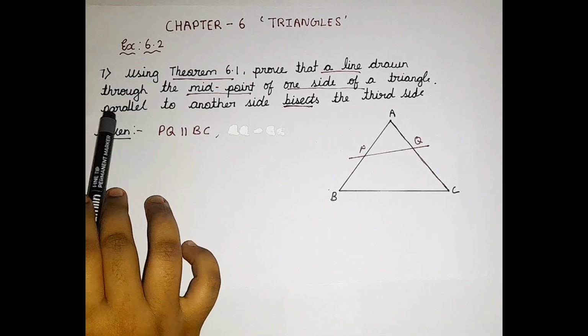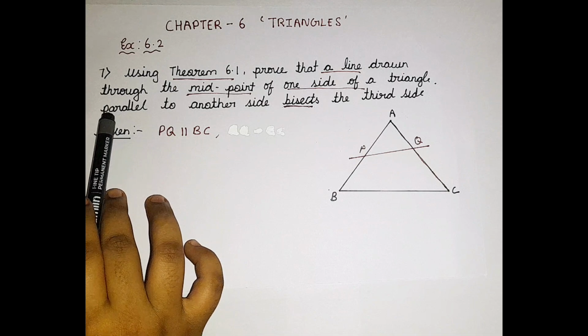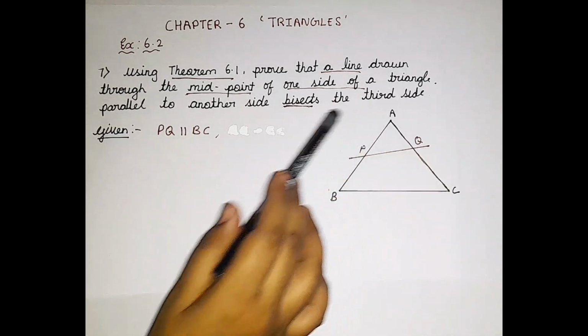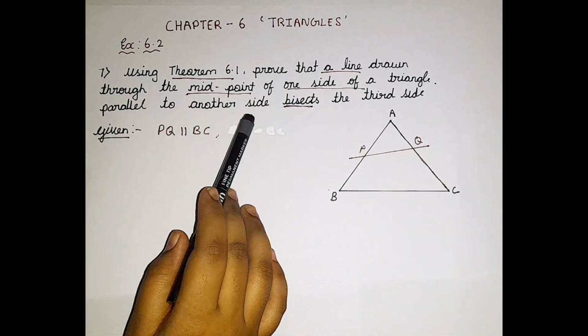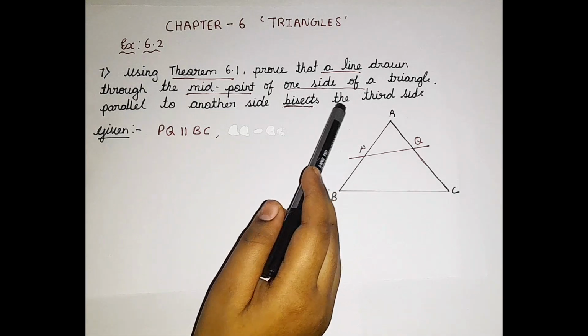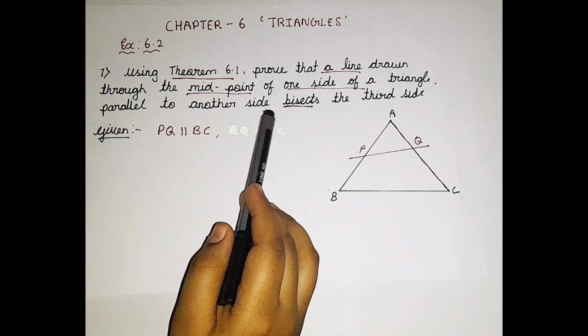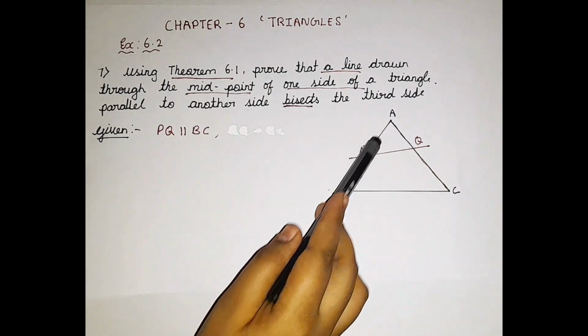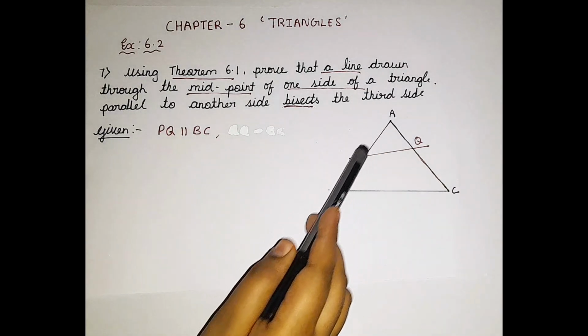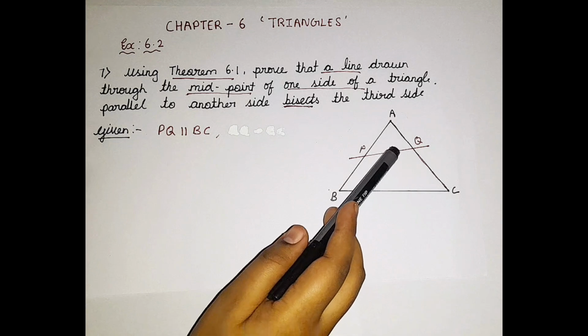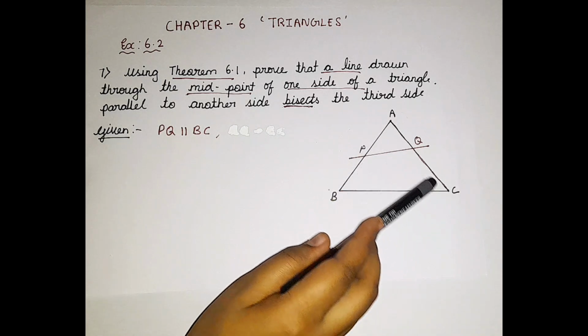Now we are going to be reading from here. Another side of a triangle is parallel to another side and bisects the third side. It is hard to understand this sentence, but don't worry, I'll help you guys. Another side means this is that another side. This another side is bisecting the third side. So what is the third side?